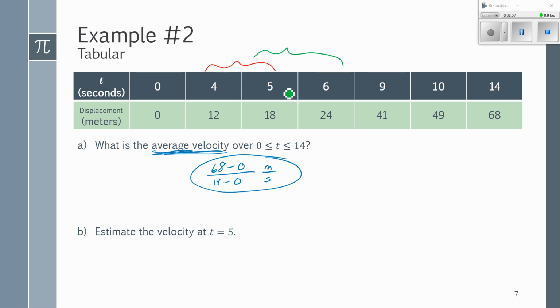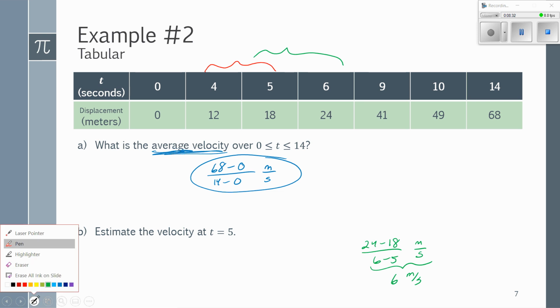So if I go with the 5 and 6, in other words, from the right, I would have my slope with the change in y's over the change in x's. And again, top is in meters, bottom is in seconds. So this is one that I could use, which, if you are compelled to simplify, would be 6 meters per second.